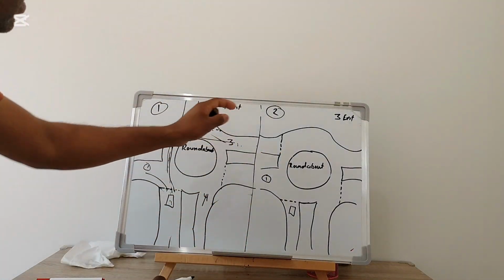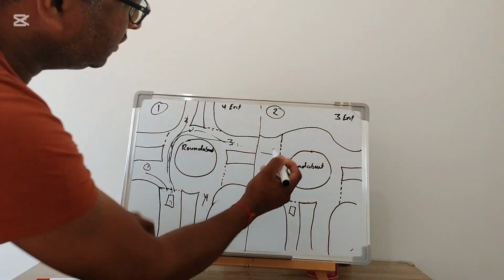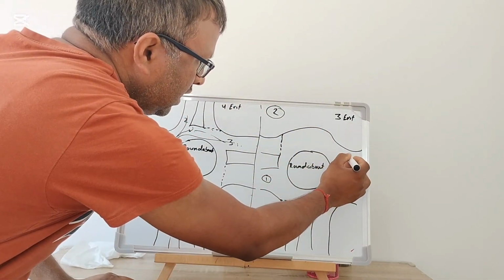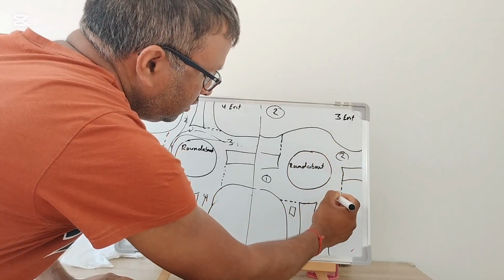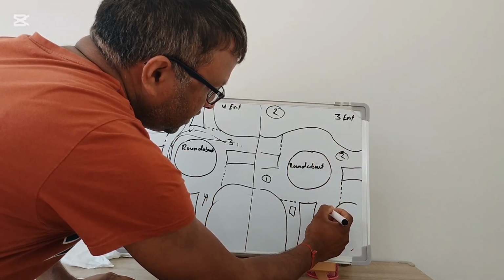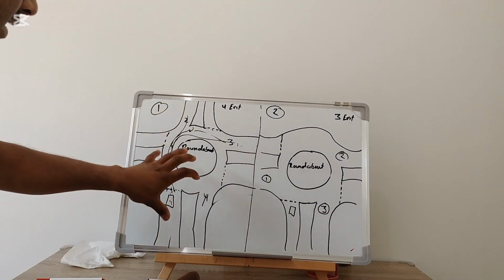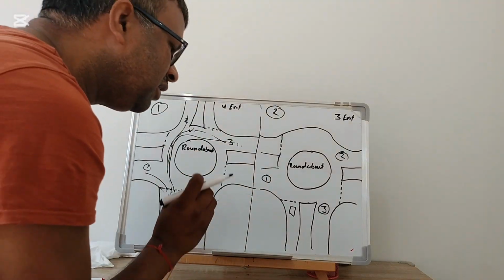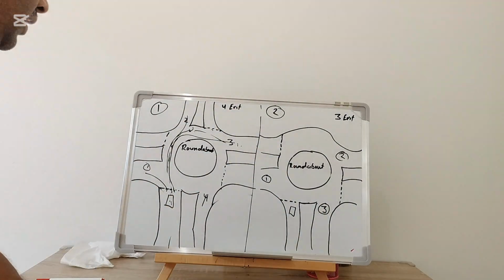Now in this roundabout you can see a second exit there, but in this roundabout there is a closed road here, so there is no exit, so it's going to be the second exit here. And when you go all the way around, this is going to be your third exit. So this is the difference between this roundabout and this roundabout. Plus, you need to remember what is exit 1, 2 and 3.